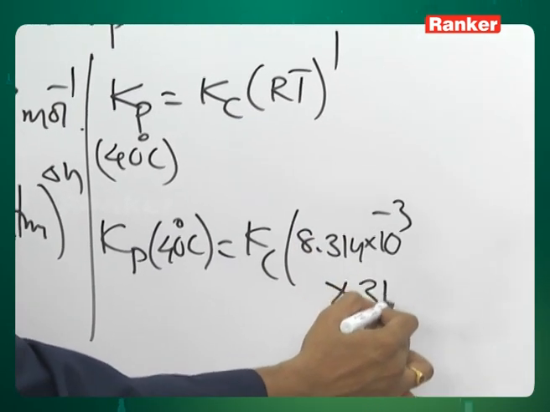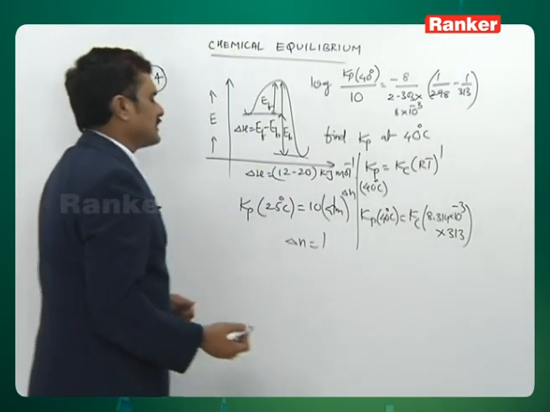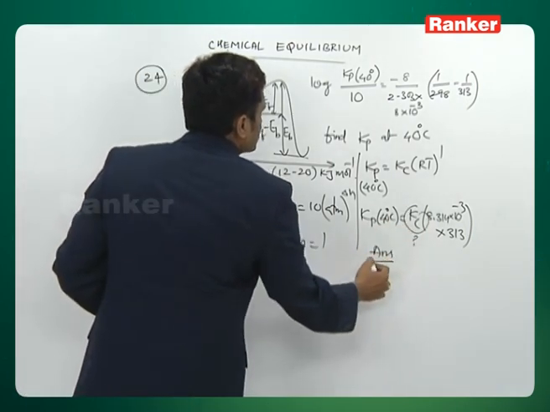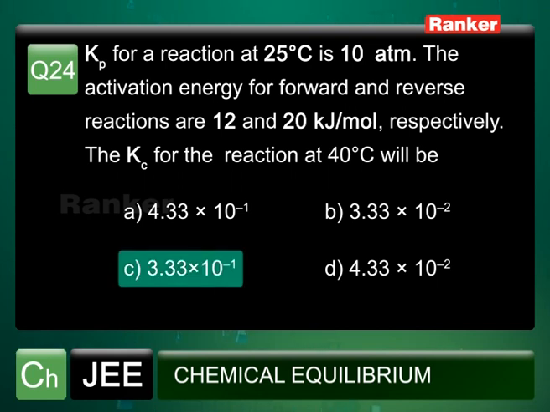Temperature is asked at 313 Kelvin, so we will be obtaining the value of Kc. So, therefore, after simplification of this, the correct answer for this question is option C, that is 0.33 mole per liter.